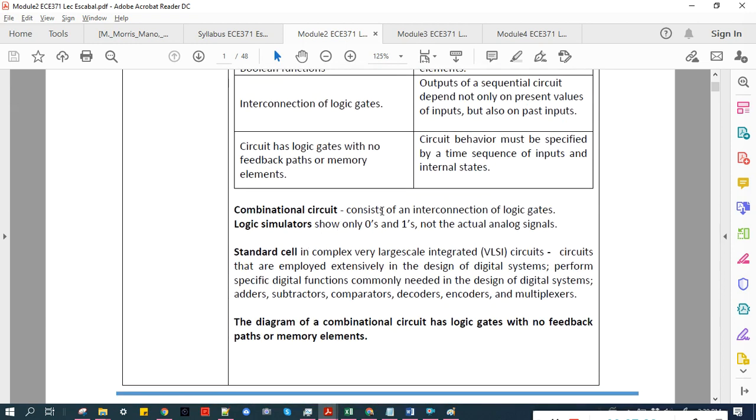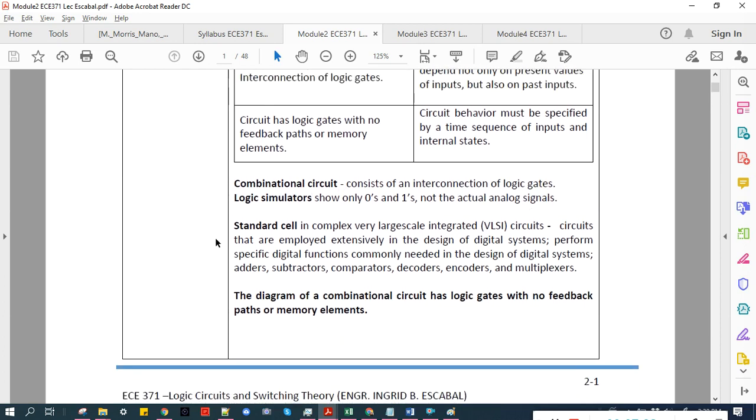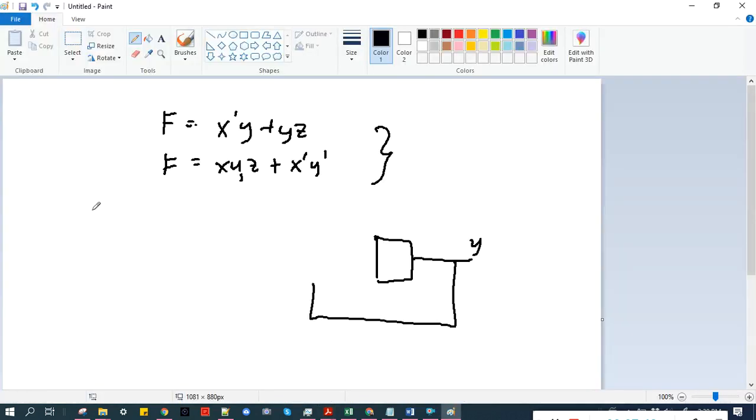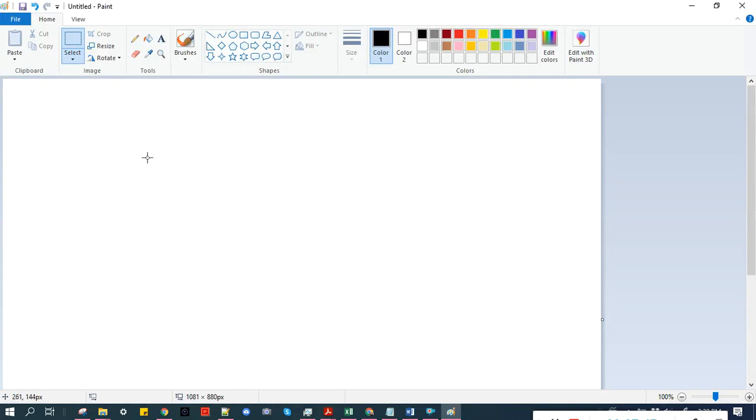Combinational circuit consists of an interconnection of logic gates. Logic simulators show only zeros and ones, not the actual analog signals. Yes, we have already discussed what these logic simulators are. We know that the output waveform of a logic simulator looks something like this: 1, 0, for example, 0, 1.